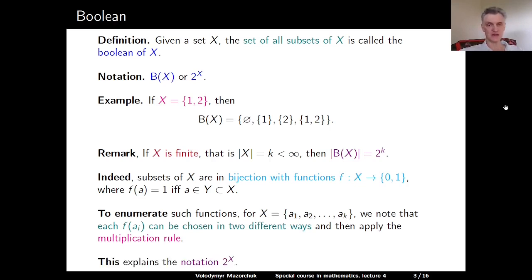And, of course, this explains the notation 2 to the power X. The cardinality of the Boolean is 2 to the power the cardinality of X.